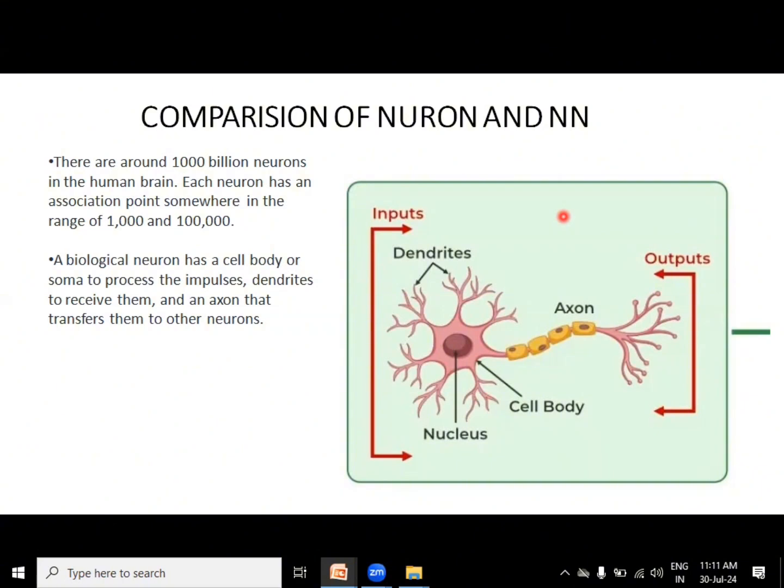The biological neuron gathers information through the sensory organs, and then that information is stored and processed using the dendrite, nucleus, and axon, and then the information is passed from one neuron to another neuron. Similarly, we process information and implement the output.